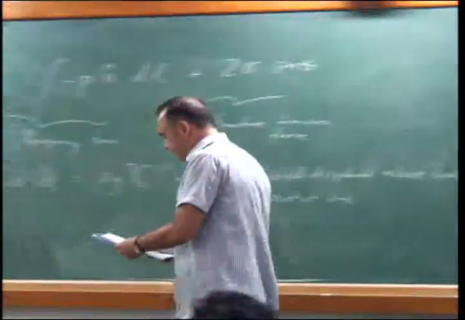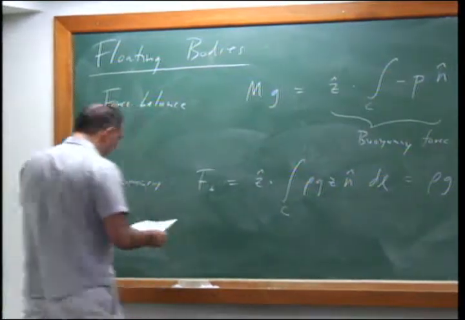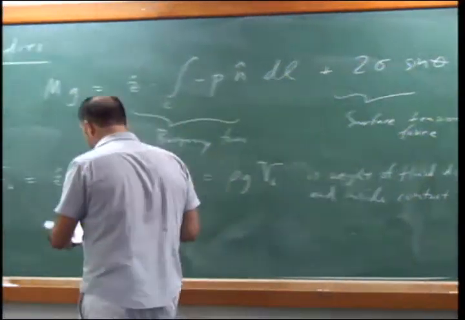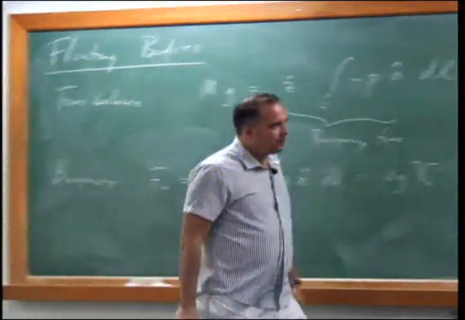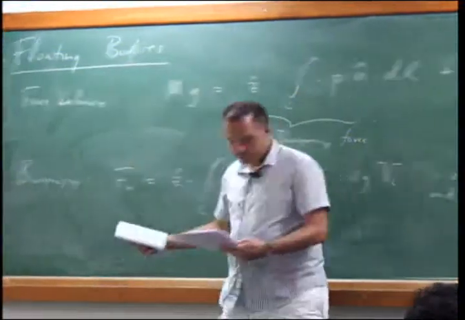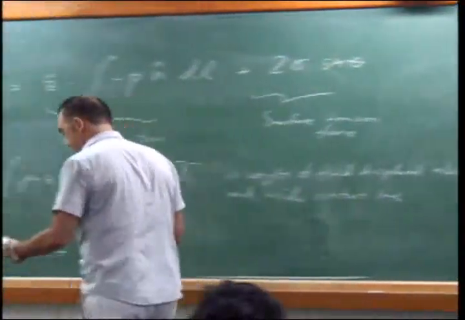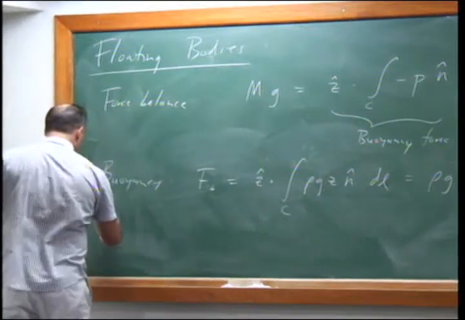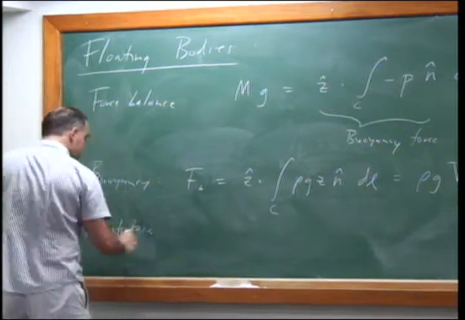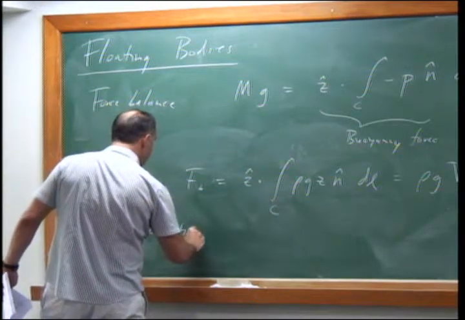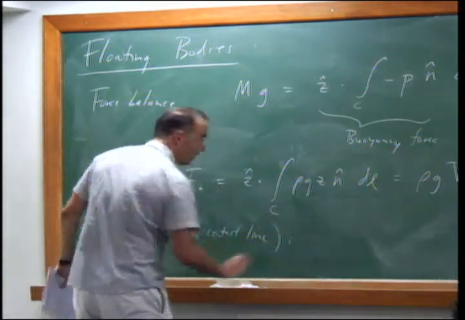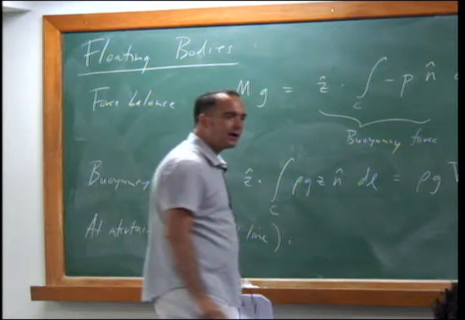Okay, so the curvature force, the surface tension force, is this. One thing we know at the interface, outside of the contact line, is that there's a balance between hydrostatic pressure and curvature pressure, right? We just did that calculation for the meniscus.